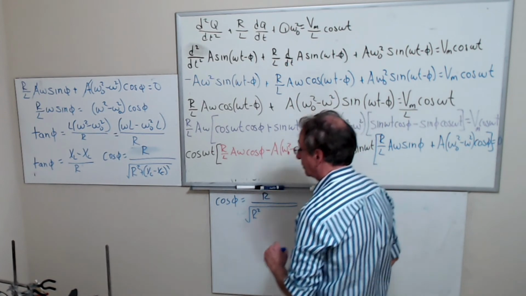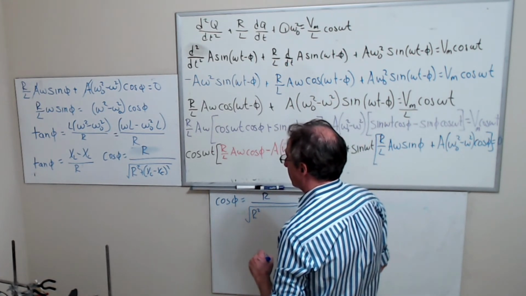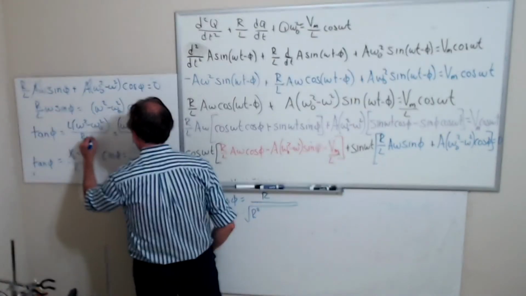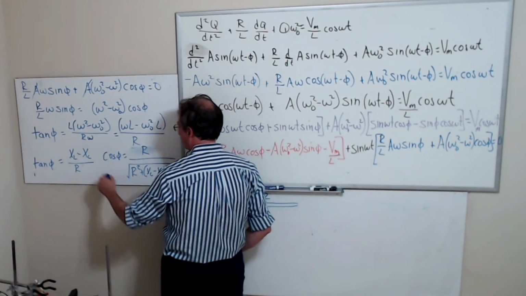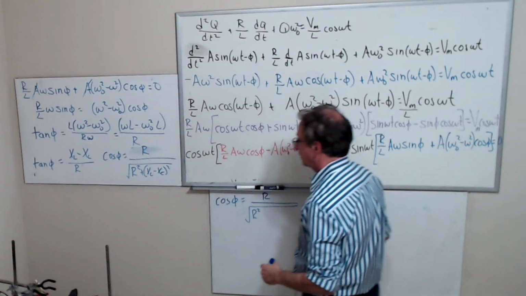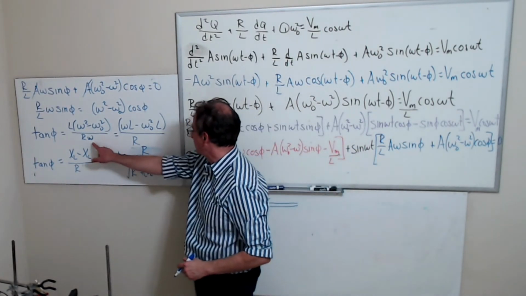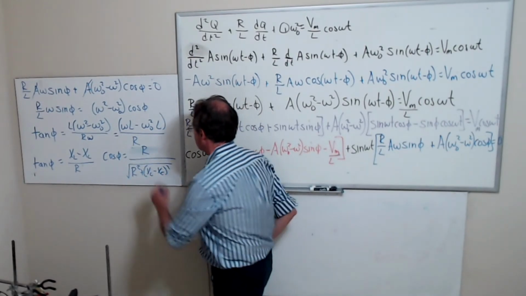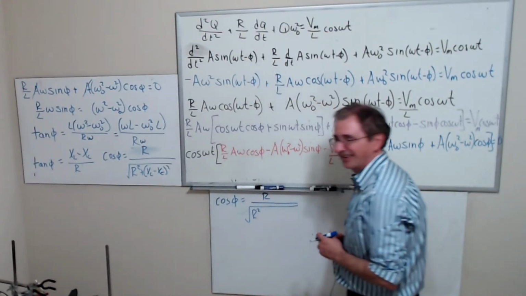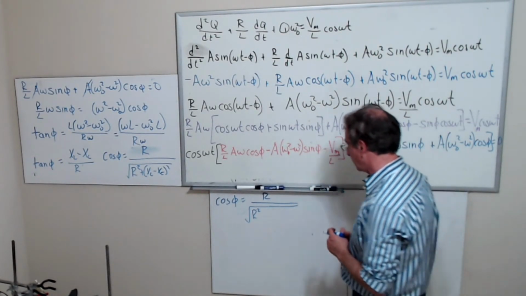Let me double check real quick. Oh, I forgot an omega. Sorry. Okay, I forgot the omega here. And so when I work this through, I get this expression. So this was missing, but that's okay. Okay, so I made a little error. Sorry about that.